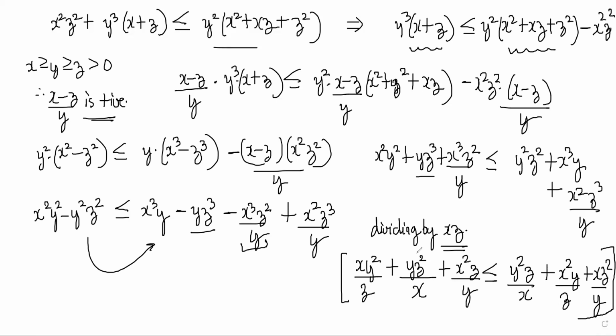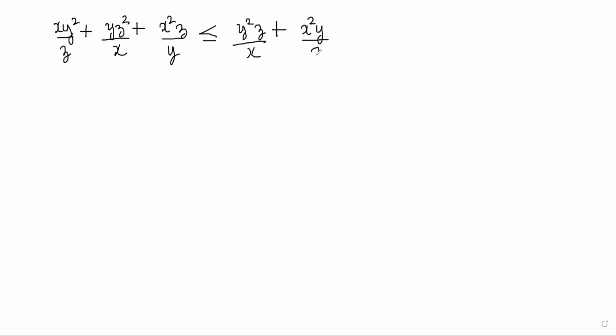So what I can say, I'll just write it on the next screen. The inequality we have obtained so far is x y square by z plus y z square by x plus x square z by y is less than or equal to y square z by x plus x square y by z plus x z square by y, right?